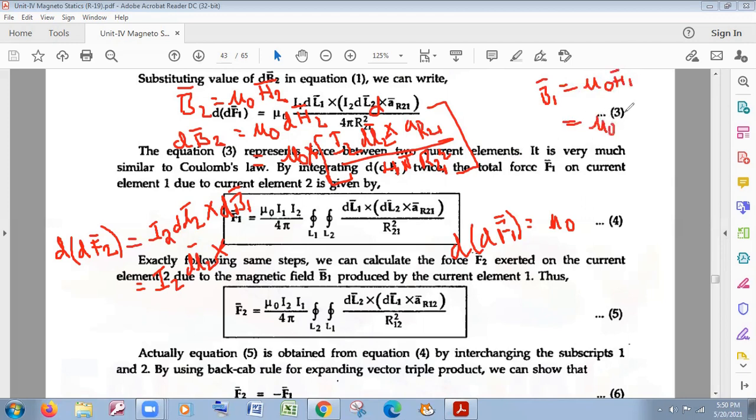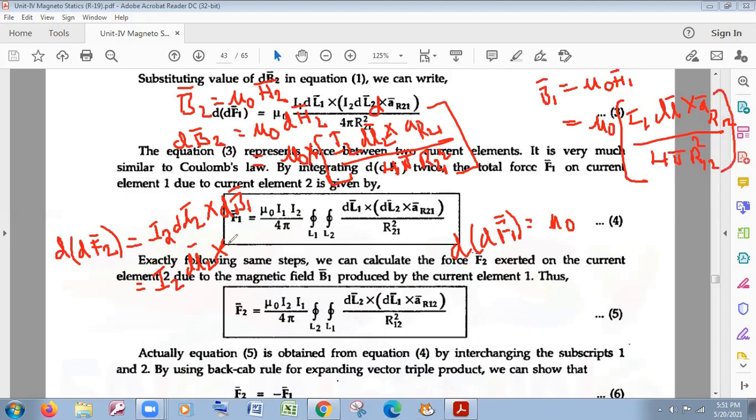Previously we wrote I2 dL2 bar, now it is I1 dL1 bar cross a_R, from 2 to 1, now a_R12 bar, whole divided by 4 pi R12 square. Got it, my dear students?